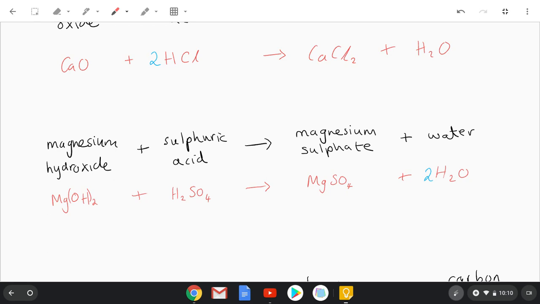By putting the 2 here, we have taken care of these two oxygens that are here. And by doubling the H2 as well, we have got four hydrogens. Two have been taken care of here, and then two over here. So we've got four hydrogens.